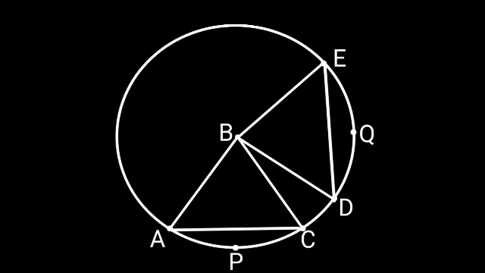Hence, in triangle BAC and triangle BDE, segment AB is congruent to segment DB, segment CB is congruent to segment EB, and angle ABC and angle DBE are congruent because the arcs are congruent.